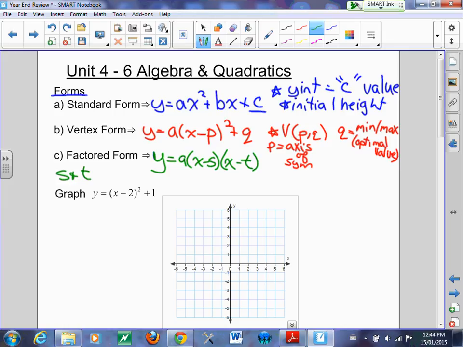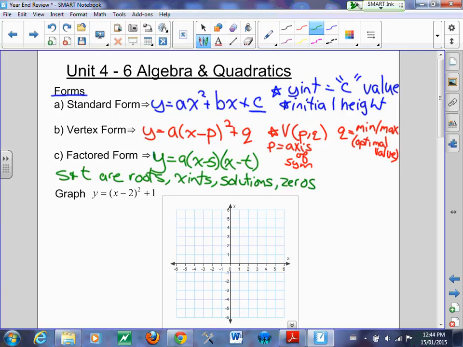Okay? So s and t are the roots. Okay? Another word for roots is x-intercepts. Another word for x-intercepts is solutions. And one more word, I know there's a bunch of them, is zeros.